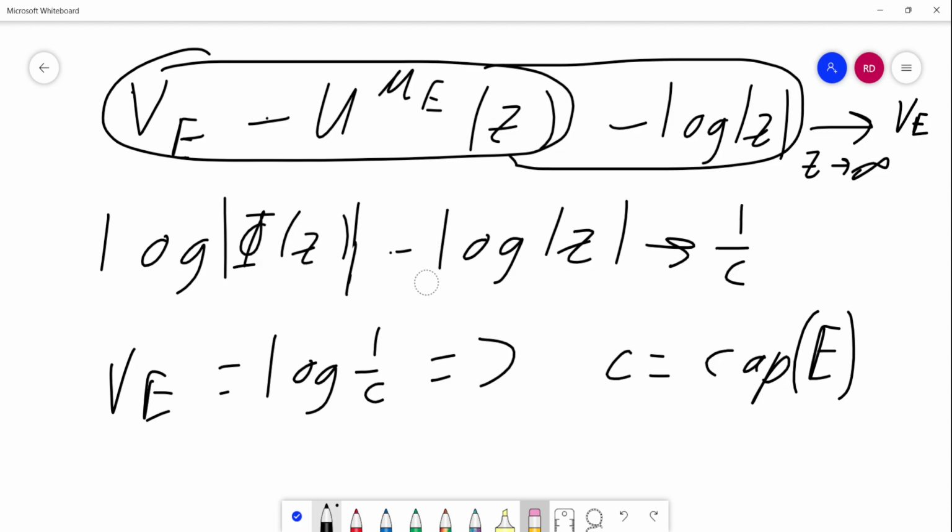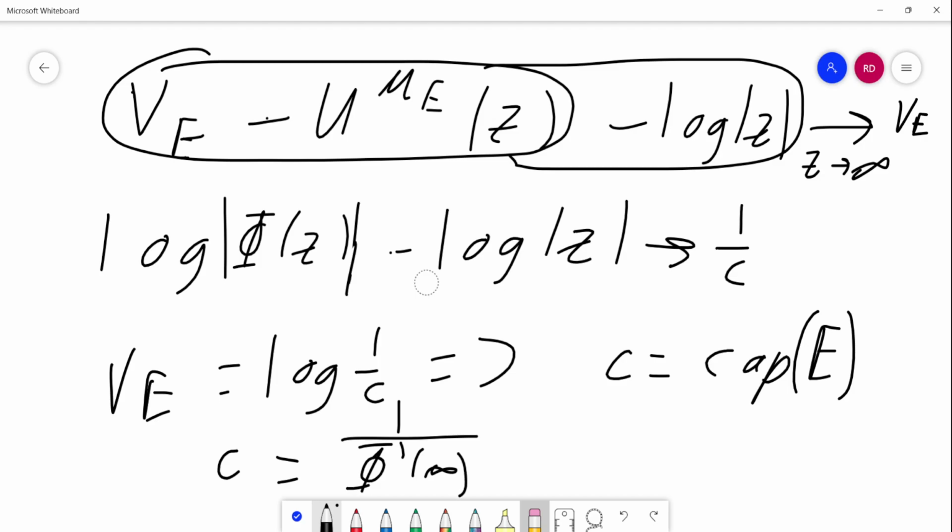So this is great. We've now got another way to find the capacity if we have a conformal map. So any set where the exterior is simply connected, if we can construct that conformal map, we can find capacity. Another way of writing this would be c is 1 over phi prime of infinity.